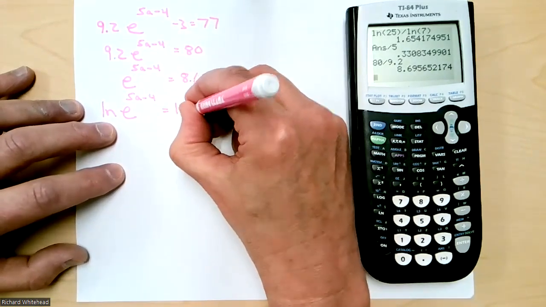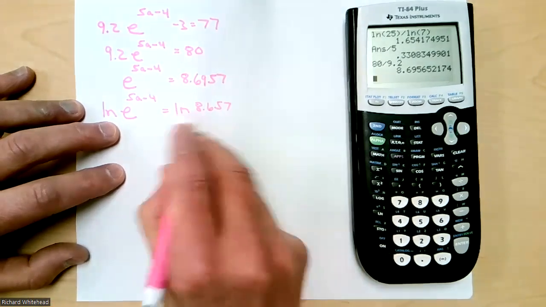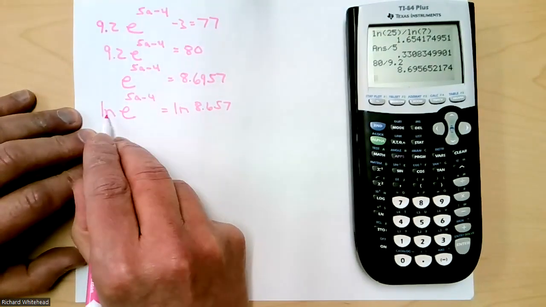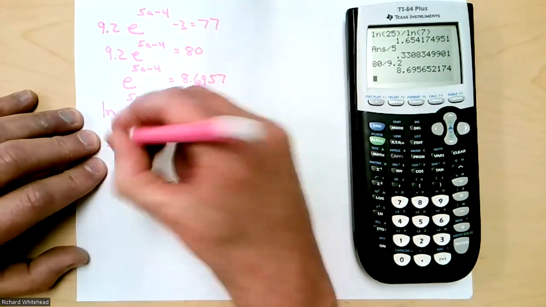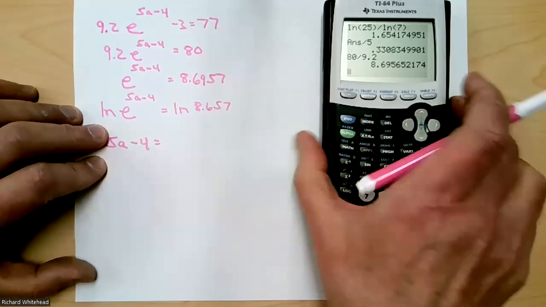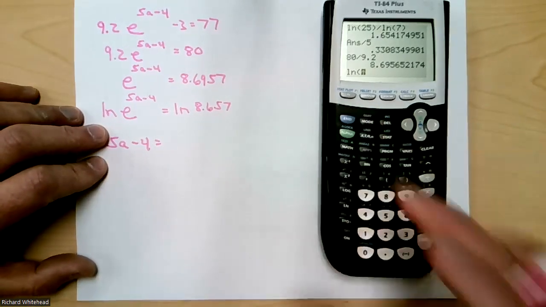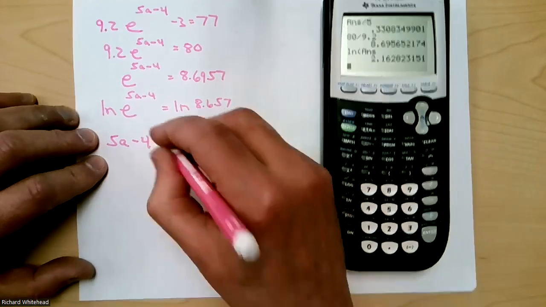So that's going to be ln of this guy right here. And this is already on my calculator unrounded. See, this is going to be ln of e to these guys, log base e of e. So these guys are going to cancel and just leave that. This guy right here, I've already got that number on my calculator unrounded. So I'm just going to say ln, and I love the answer button. Ln answer is this guy.